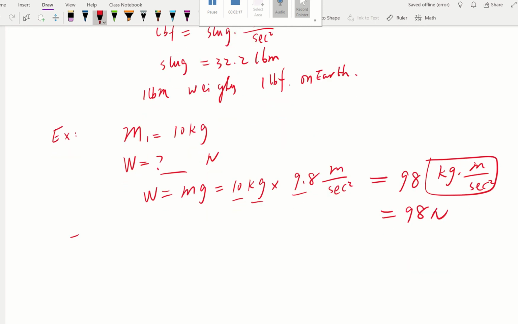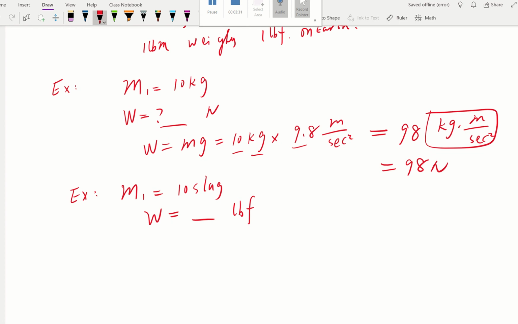Now let's look at another example. Here mass is equal to 10 slug. They want us to find the weight in pound force. What would that be? In order to solve this, we use the same formula, mass times gravitational coefficient, and it's 10 slug for mass.